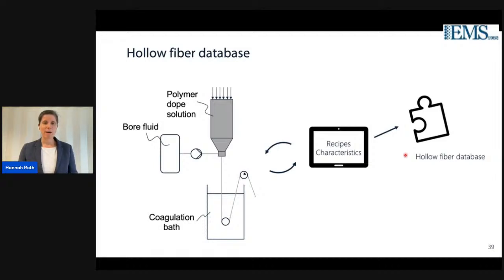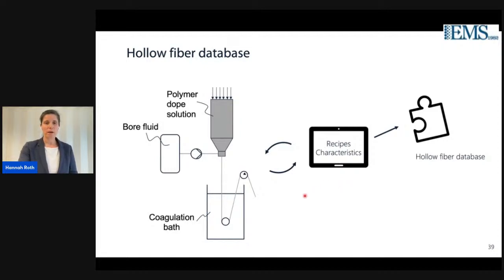So I think we have a lot to do in the future, but I also showed you in the beginning that there are many, many parameters to tune in hollow fiber spinning. And at the moment, it is really more or less a trial and error way of developing hollow fibers, of course with an educated guess of knowing which parameters work well and how they influence membrane structures.